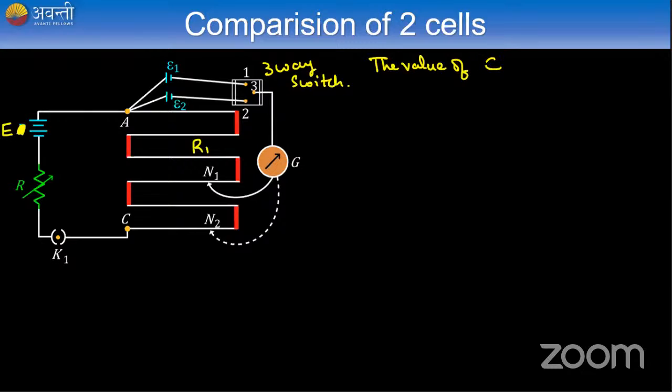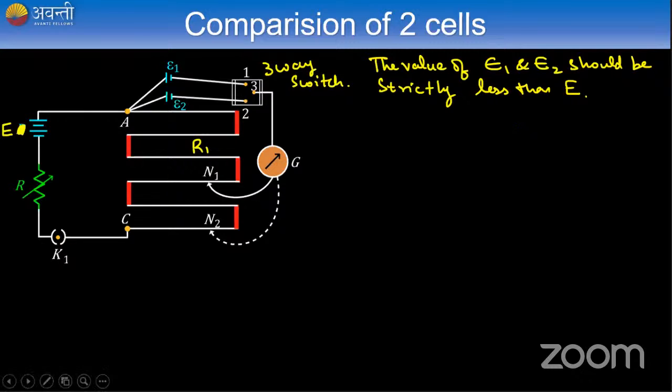The values of epsilon 1 and epsilon 2 should be strictly less than E for comparison. So for comparison of two batteries, epsilon 1 and epsilon 2 should be less than E. Why?